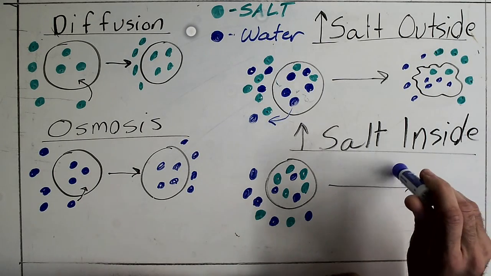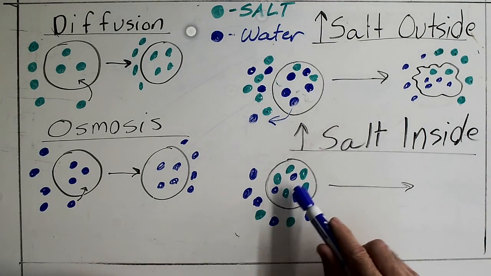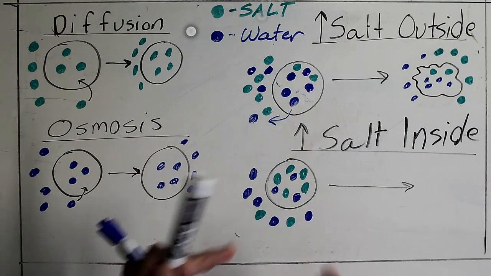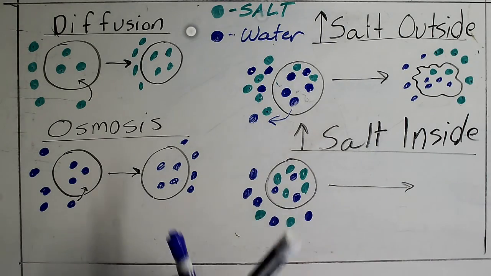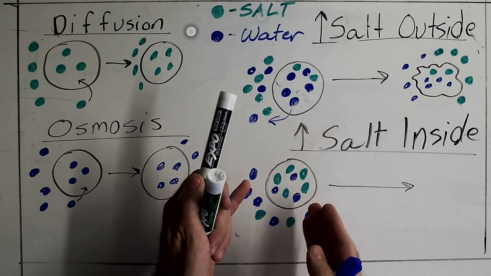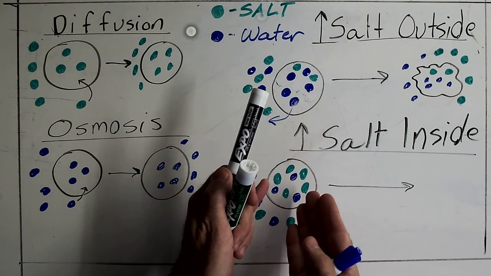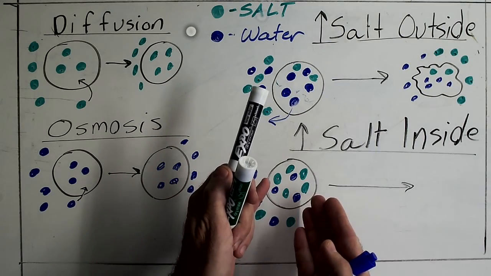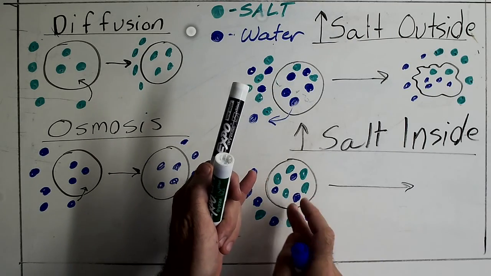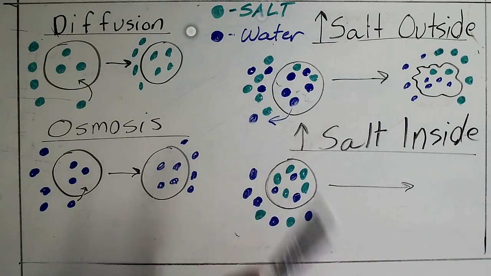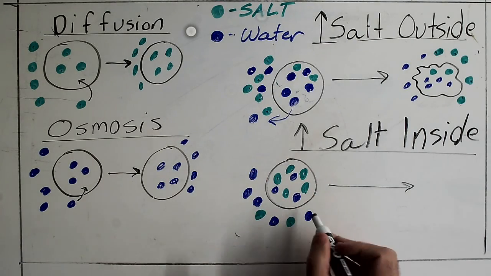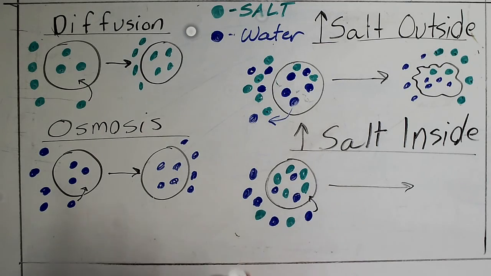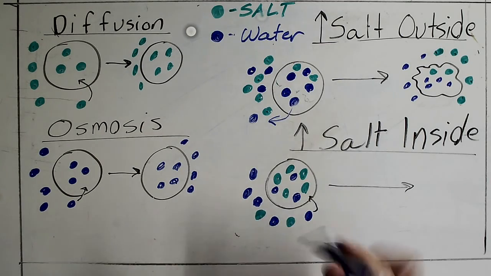It's the opposite if there's an increased amount of salt on the inside of the cell. Again, we're focusing on the water. The salt on the inside of the cell is taking up space that would otherwise be taken up by the water. So we're going to take one of these water molecules and bring it to the inside.